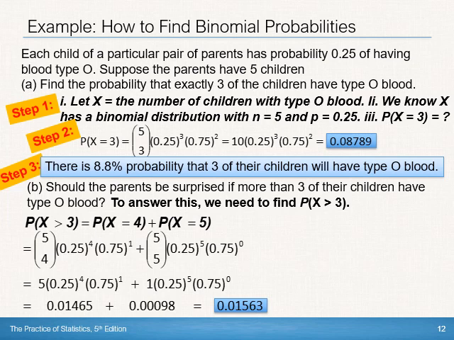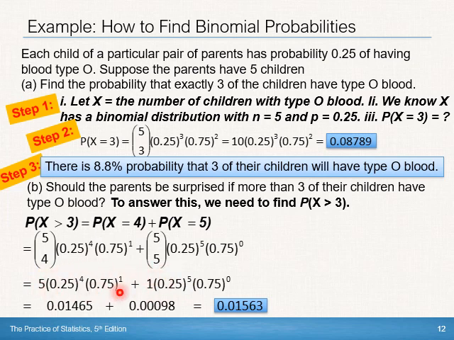You can still use your nCr calculation in your calculator to find the binomial coefficient of how many ways we can arrange 4 successes in 5, and how many ways we can arrange 5 in 5. That was 5 and 1, those 2 values.